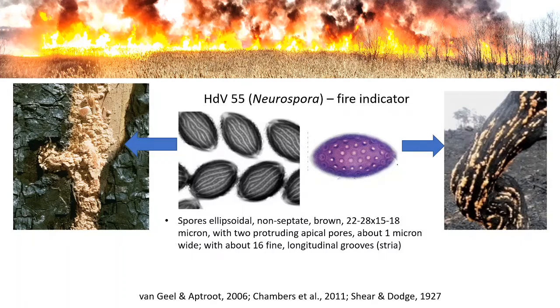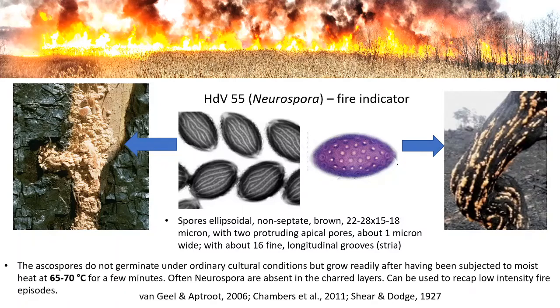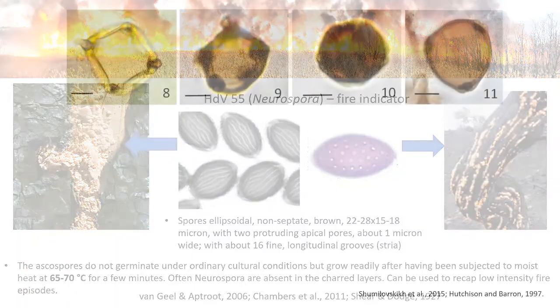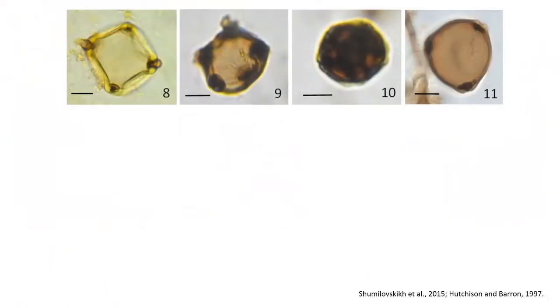In nature, you can't get such high temperatures as 65 to 70 degrees elsewhere, only during a fire. In laboratory conditions, these spores have been treated and experiments made with them, and we now know for sure that these are related to, or growing after, the fire.